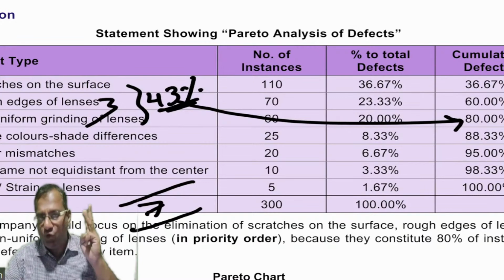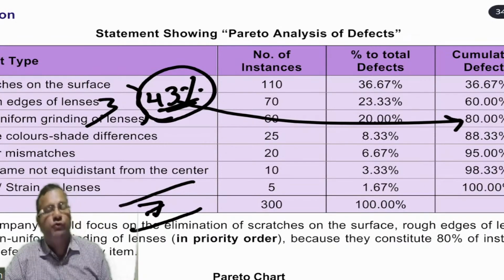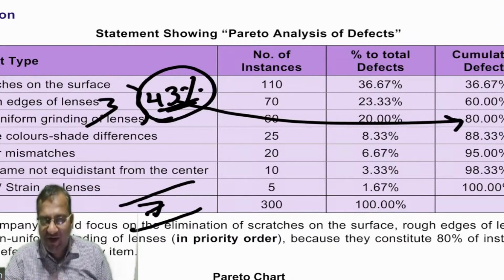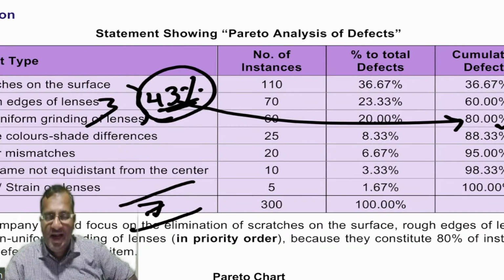Out of that, if we focus on the first 3 complaints, that is 3 divided by 7, amounting to 43%. If you focus on these defect types, you can straightforwardly rectify 80% of the consumer problems.